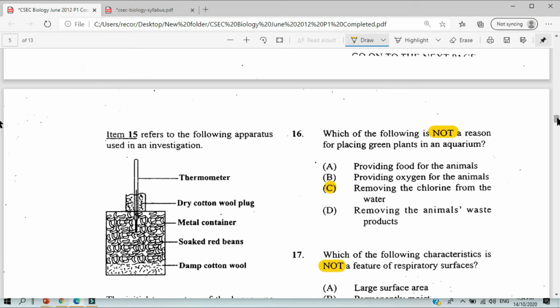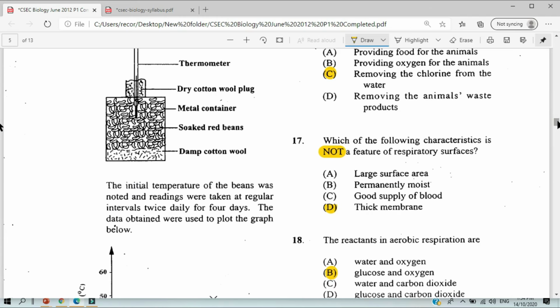So, of course, but not chlorine. So, number 17, we chose D. The question reads, which of the following characteristics is not a feature of a respiratory surface? You would agree that a respiratory surface is never thick, cannot be thick, but all the others are indeed true.